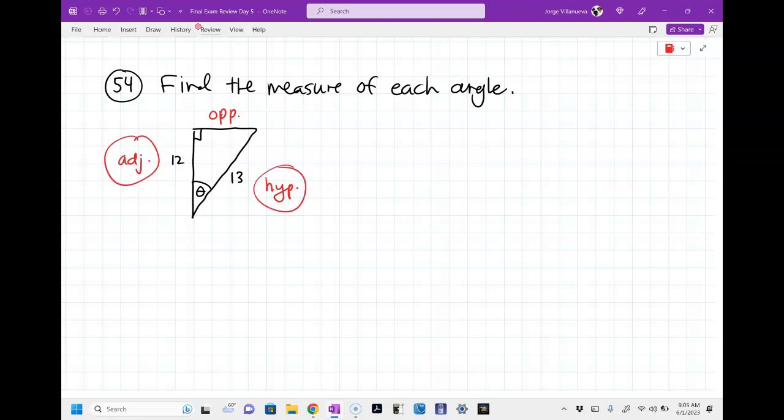Okay? Notice I have adjacent and hypotenuse. Which trig function do I use? Cosine. So I'm going to write cosine of theta is equal to adjacent 12 over hypotenuse 13. I've got to find theta. So I don't know if you guys remember, but to find theta, we're going to get the cosine and throw it to the other side. And when you do that, it becomes cosine inverse.